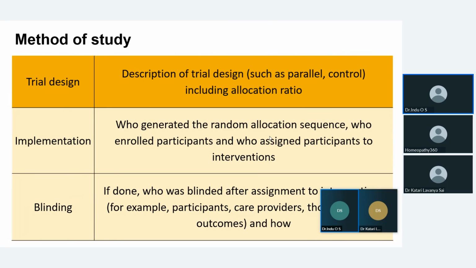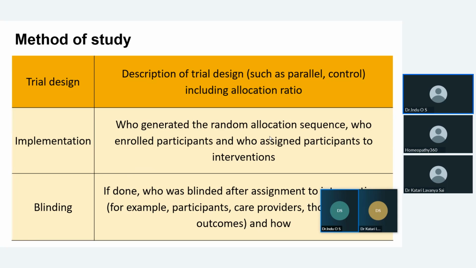Or we can blind the care providers, the doctor or physician himself or herself, or those assessing the outcome. How we are blinding is also important. Blinding is a good technique. Most of the time we are blinding the patients, and they are randomly allocated to the groups for the experiments, right?